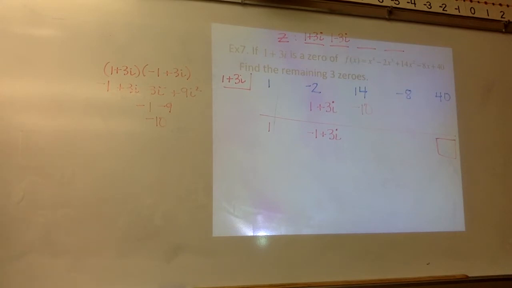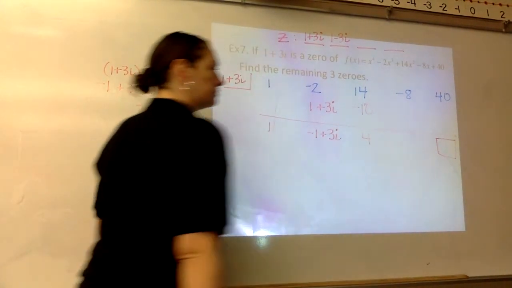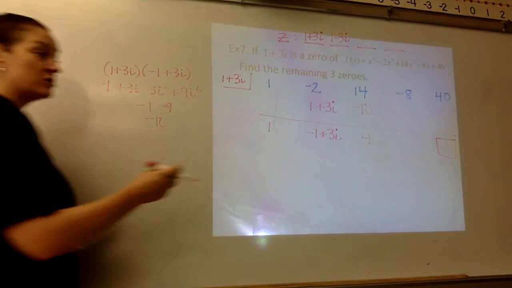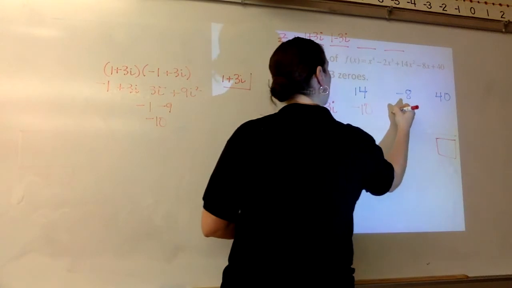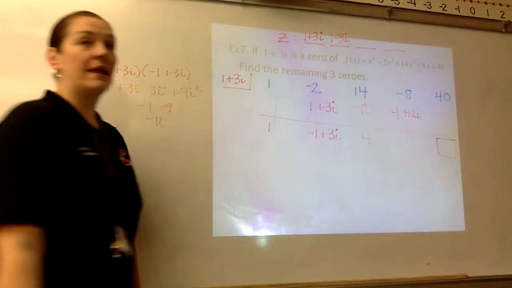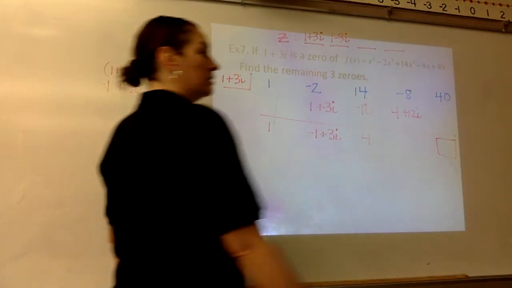Now what? Add, bring down the 4. Don't worry, the reward is coming, and it's not just feeling good that you got the problem right. What do I do with the 4? Procedurally multiply by this, so we're going to distribute. We get what? 4 plus 12i. Combine like terms, there's no imaginary part in the blue number. So I get what?